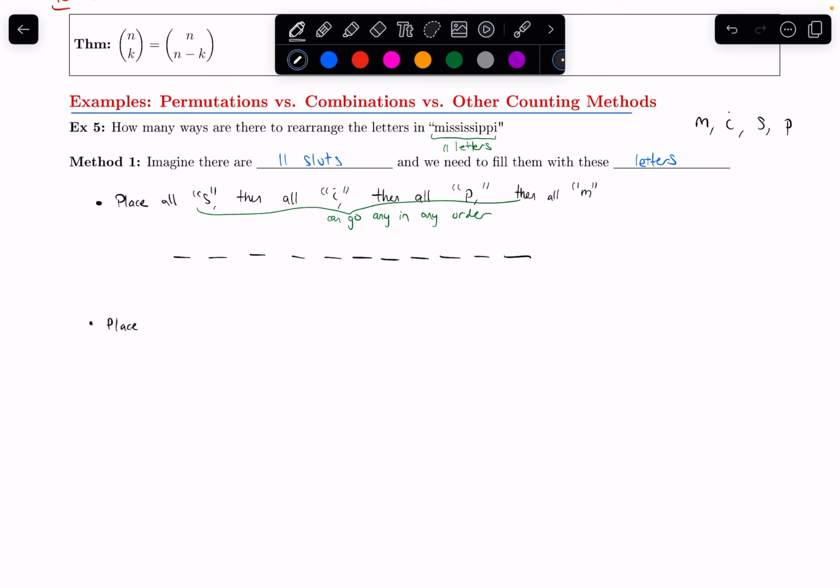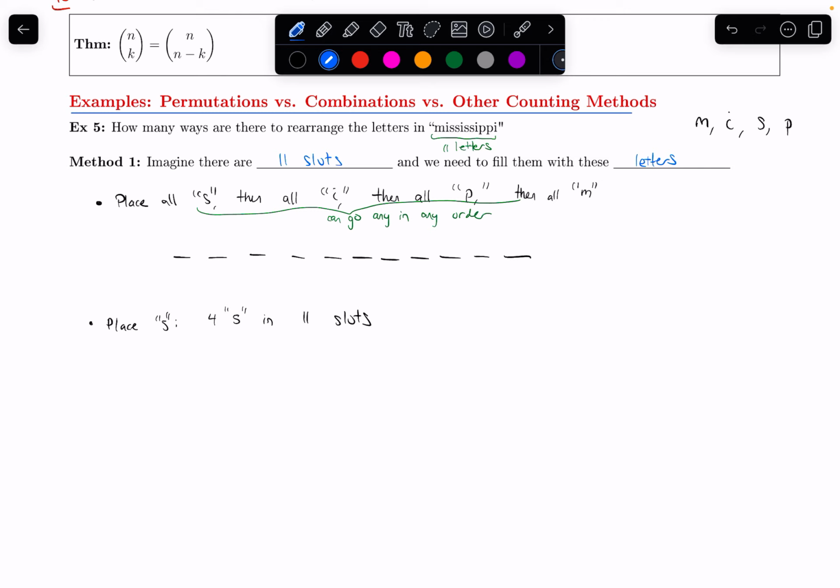So I'll first place the S's. I have to place 4 S's in 11 slots. To do that, I have to choose 4 of the 11 slots to put the S's in.